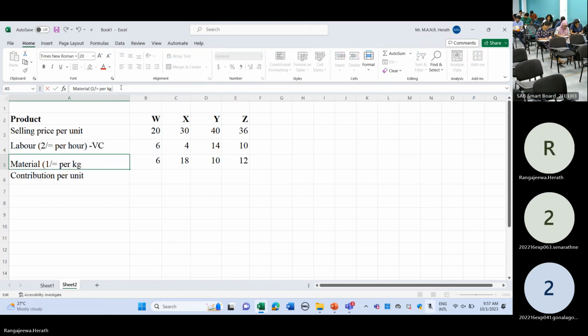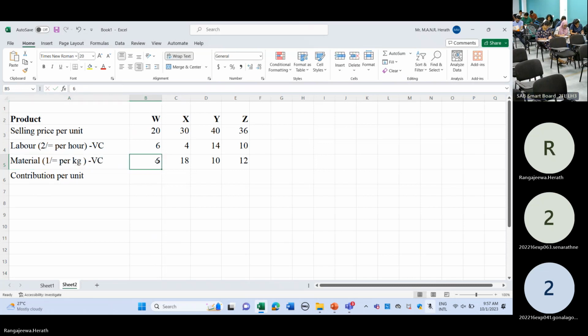Material, also variable cost. From the selling price, you can deduct the variable cost. So you will get the contribution per unit.